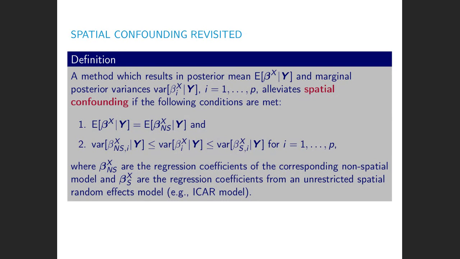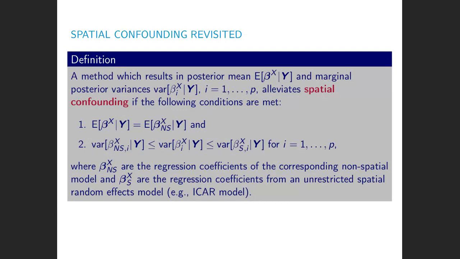So we say that a method that results in a posterior mean for the coefficient in a spatial regression model, so the marginal posterior mean of beta x, and marginal posterior variances of the components of beta x, alleviate spatial confounding if the following conditions are met.